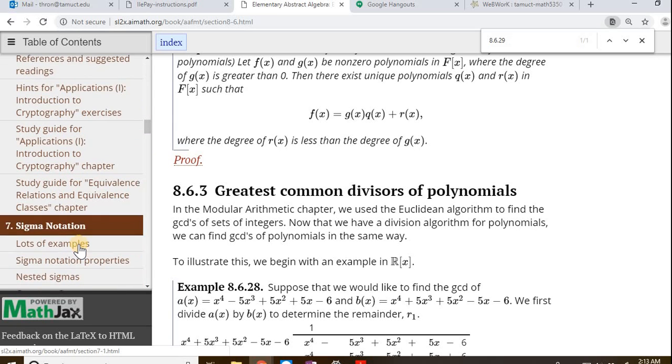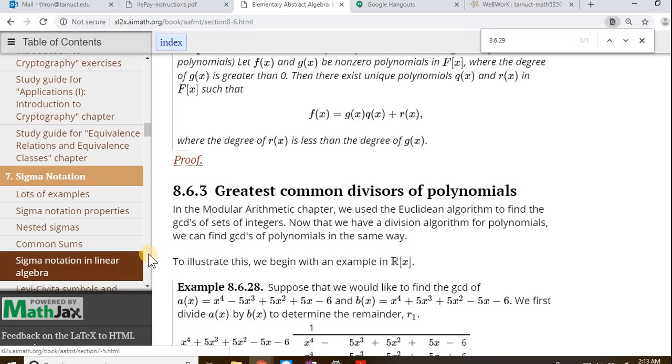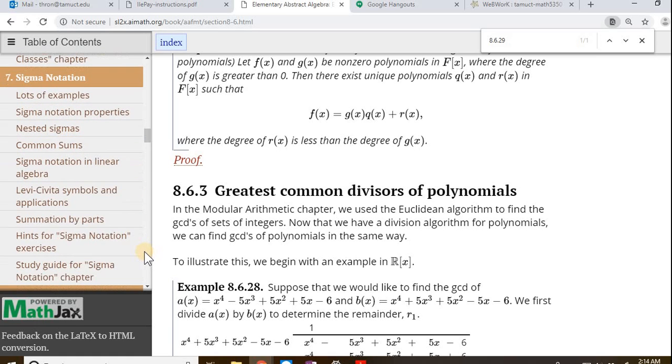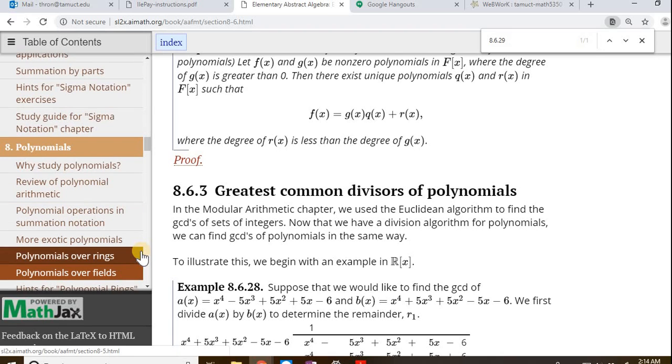Well, the sigma notation, that's something you're supposed to know as an undergraduate anyway: how to write sums as sigmas. No, polynomials we'll do a little bit on that. We'll do some of the later stuff.